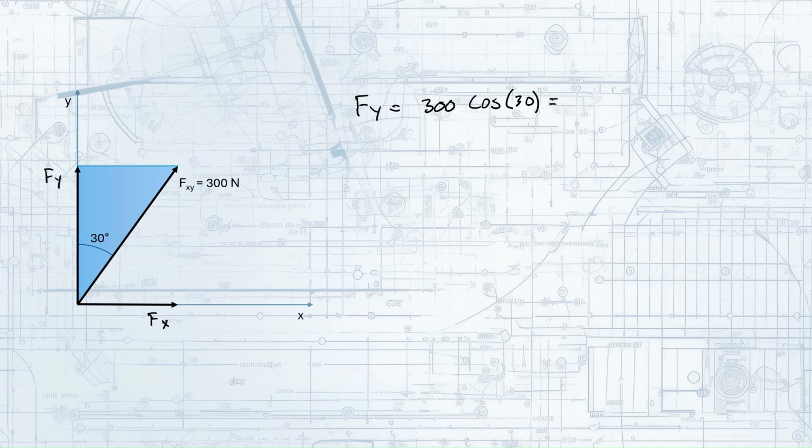And that comes out to be 259.8 newtons. And Fx equals 300 times sine of 30, which comes out to be 150. Now we have all three Cartesian components of our original vector F.